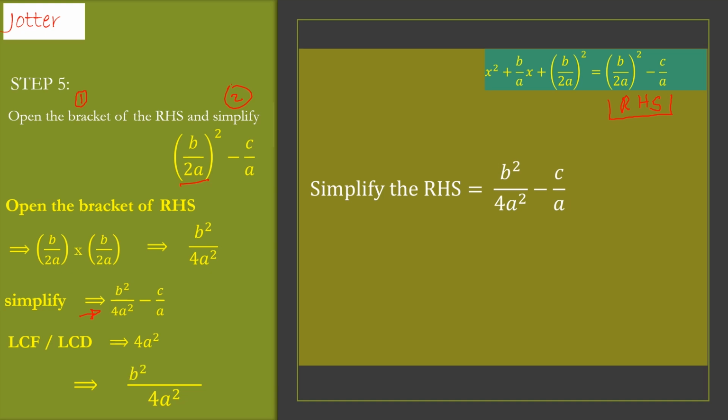Then we have the negative sign there, minus, and then a in 4a squared will give us 4a, and 4a times c will give us 4ac. We can now put this into that expression there to give us b squared minus 4ac over 4a squared.